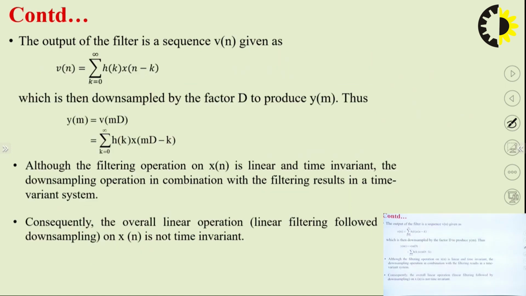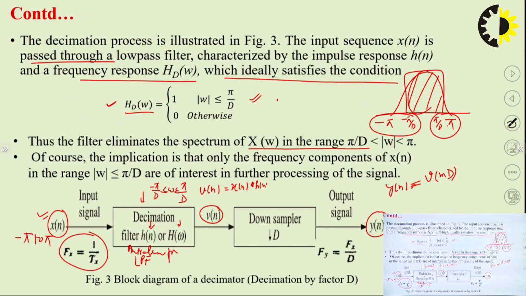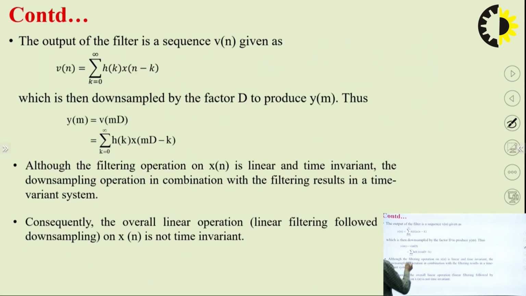Okay. So from this block diagram we can see v(n). How will we get this v(n)? v(n) is the output of a low pass filter. Low pass filtering is basically nothing but the convolution operation. So we are convolving the sequence x(n) with the impulse response of this filter, which is h(n). So v(n) is nothing but h(n) convolved with x(n).